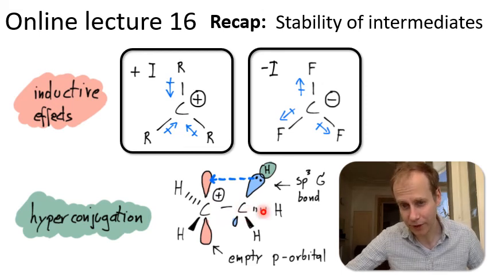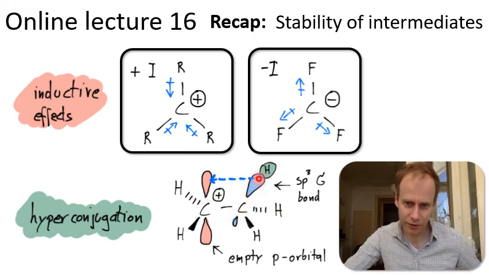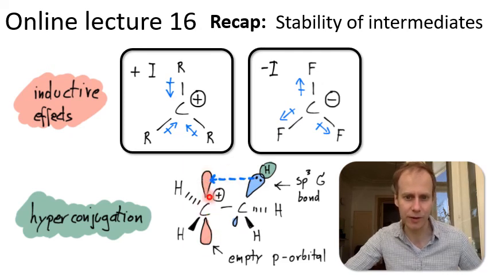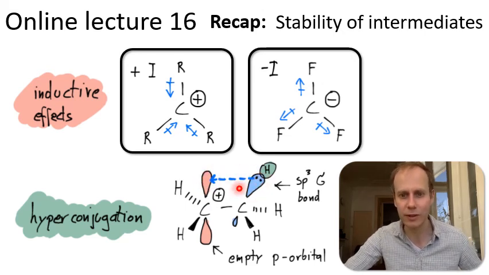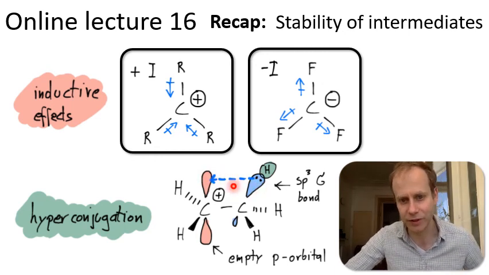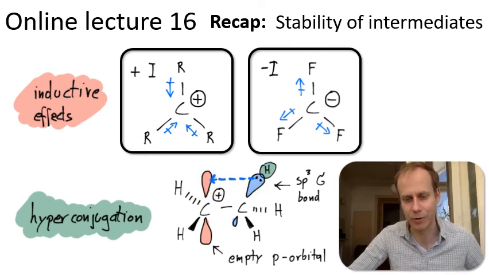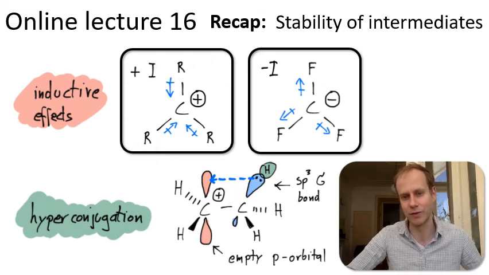The methyl group is sp3 hybridized, so it has 4 bonds, and one of those sp3 orbitals is in the right orientation to overlap with the empty p orbital of the carbocation, and this causes the electrons in this sp3 orbital to become more delocalized. They are pulled towards the empty p orbital, and that stabilizes this carbocation again. So that helps the positive inductive effect here, for instance.